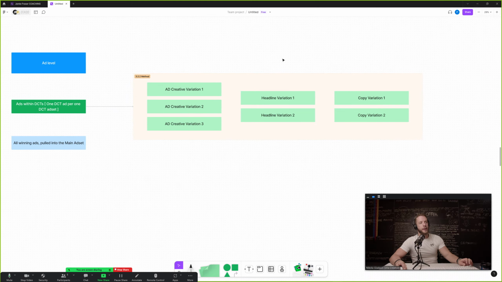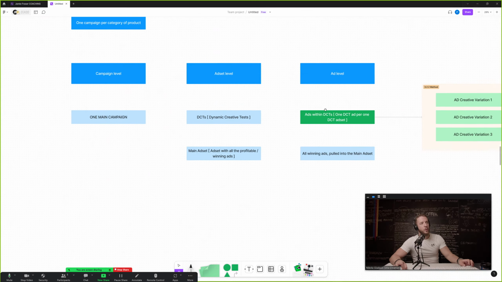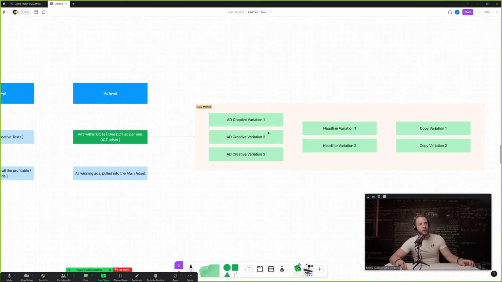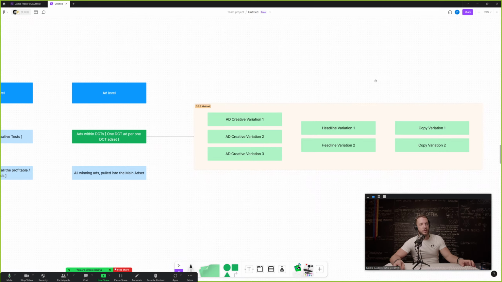So we first create an ad set for a certain DCT and enable dynamic creative testing. Then we create a certain ad within that DCT ad set, and that ad has 3 different creatives, 2 different headlines, and 2 different copies.